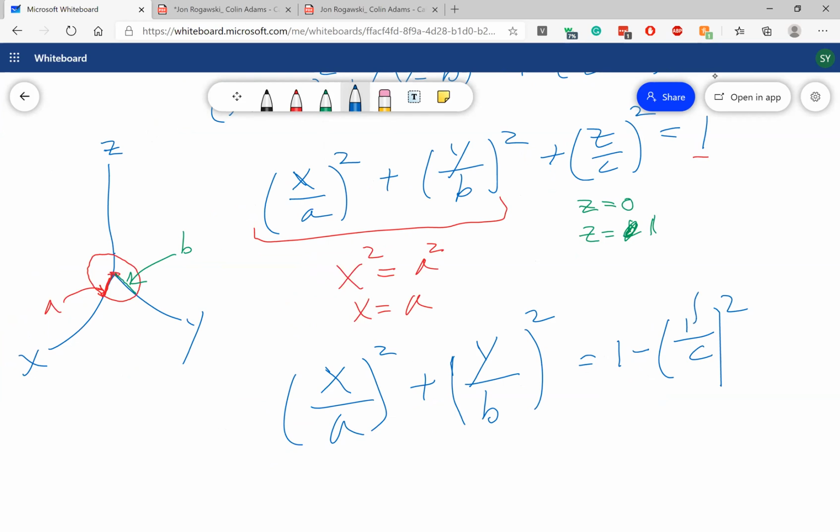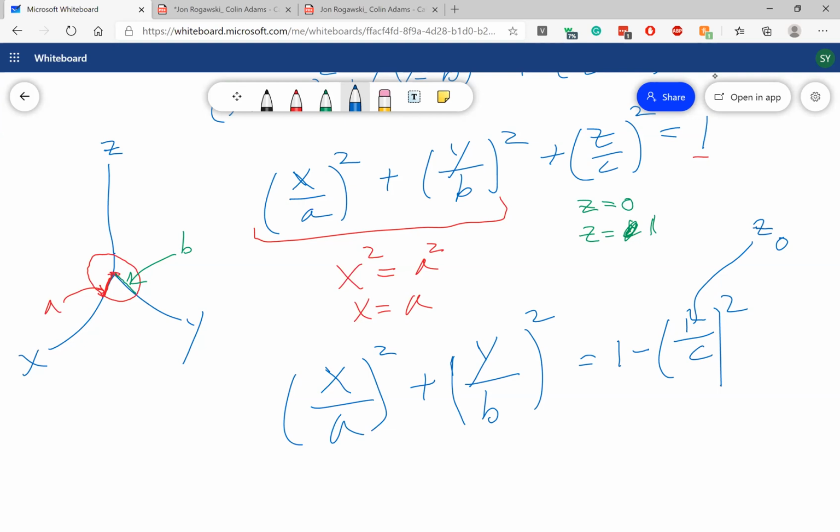So this would be some z0 that you choose, some fixed number, 1, 2, whatever. And as long as this thing is positive, these are equal, and you get smaller and smaller ellipses as z0 becomes bigger and bigger, gets closer and closer to c, this thing gets closer to 0, and your ellipses get smaller.